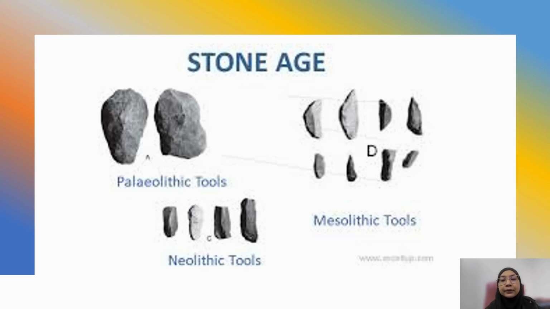Next, with Neolithic tools, they innovated and made better tools compared to the Mesolithic, with a better shape for use in hunting and for agriculture purposes.